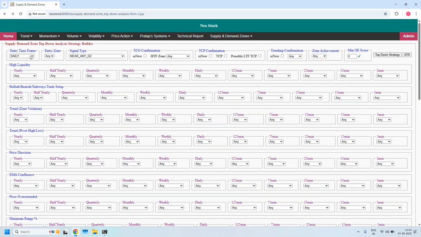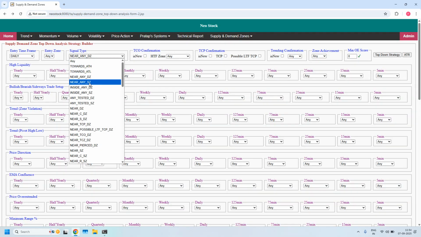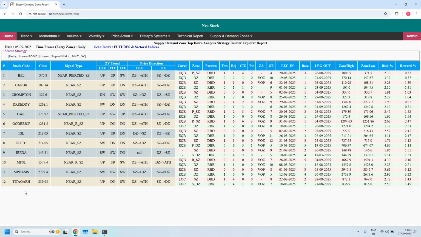Okay, next for daily time frame, stocks near to the daily supply zone, we got 12 stocks. Let us identify daily high liquidity supply zones from this list. Godrej Consumer Properties is having a pierced zone, so you can't use it for HLQ zone strategy.